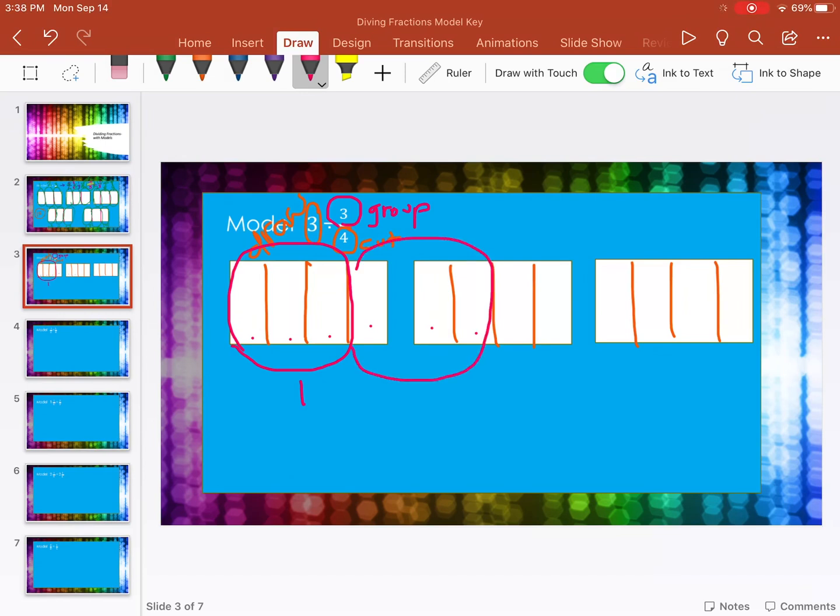Here's another 3 pieces. There's a group, 1, 2, 3. There's 3 pieces. And 1, 2, 3. There's 3 pieces. So I ended up with 4 whole groups because each of these that I circled is equal to 3/4 of a rectangle. I was circling 3 1/4 size pieces, and my answer ends up being 4.